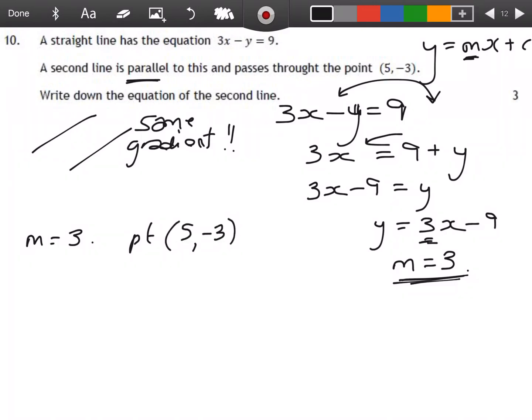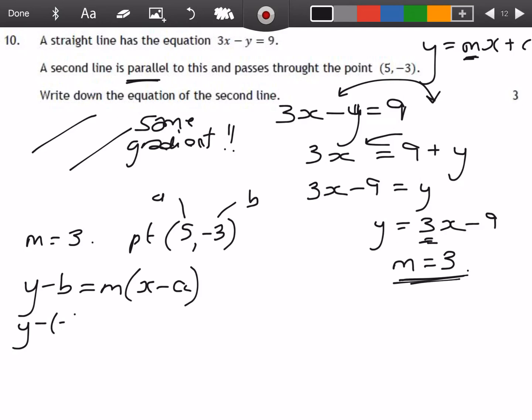Now this is actually a common first higher question on the straight line. Right, y minus b equals m bracket x minus a. Okay, that's the equation of a line. That can work out the equation of a line if you know a point and the gradient. This is your a and this is your b.